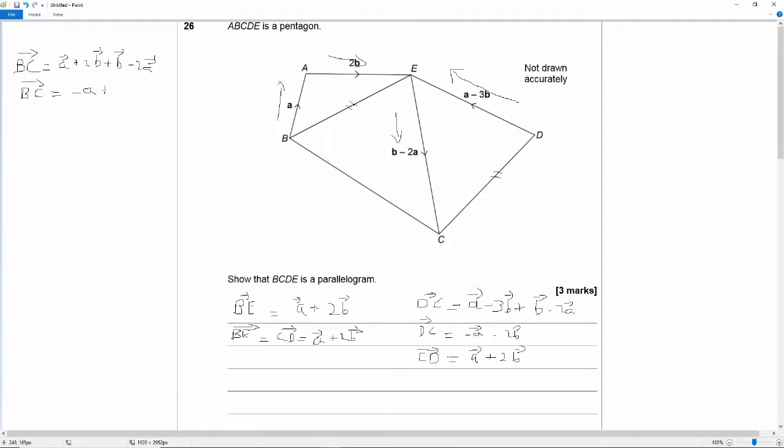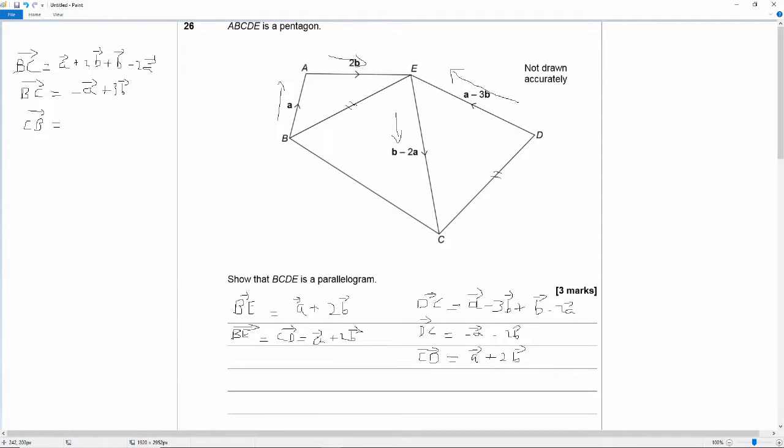So negative A plus 3B. And if we want to go the other way from C to B, so CB is just minus 1 times negative A plus 3B.